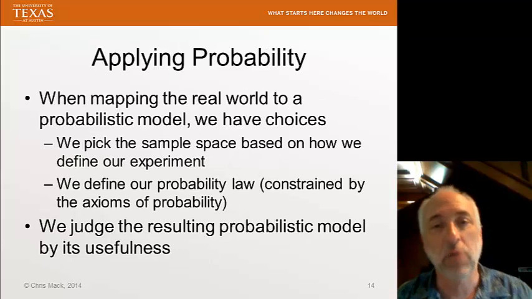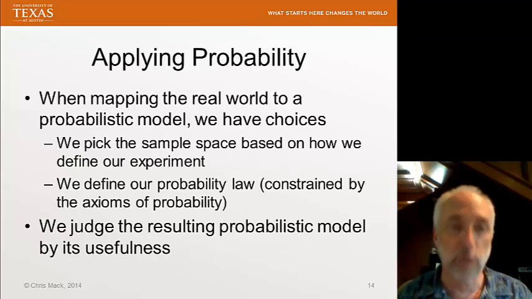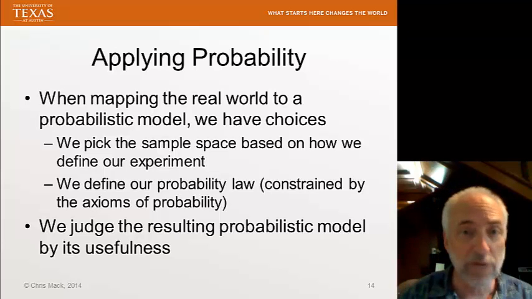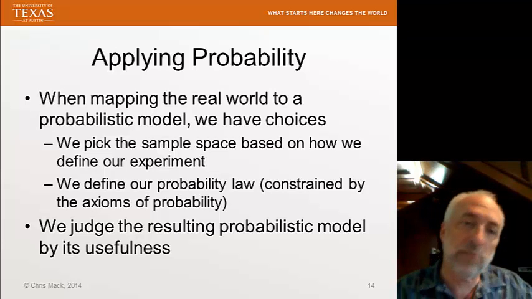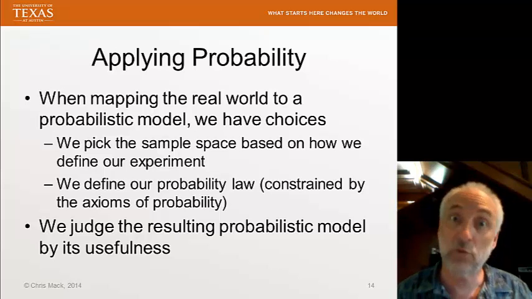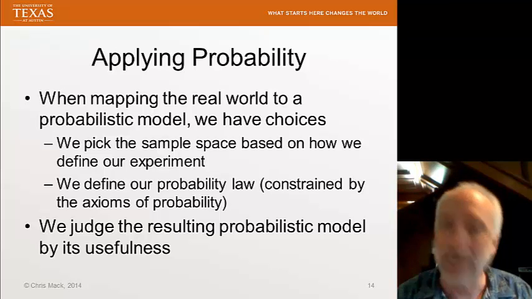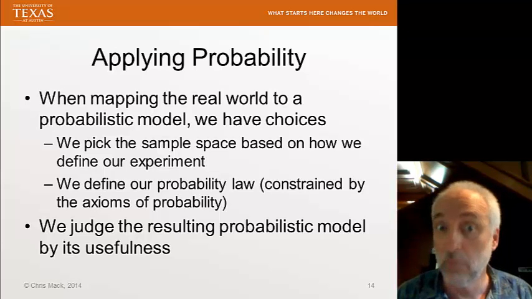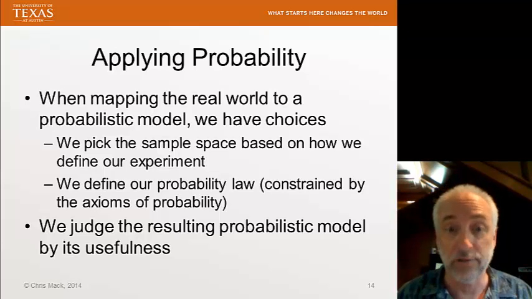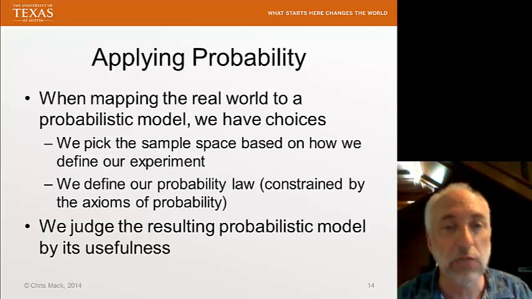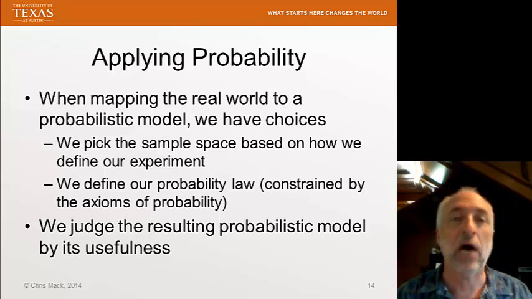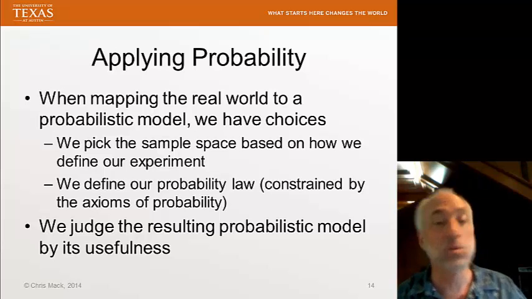Now, how can we apply probability to a real problem? Whenever we map the real world to a probabilistic model, we have choices to make. Sometimes the choices are fairly obvious and sometimes they're not, but they are choices nonetheless. There's nothing about probability law that dictates how we must map the world to a model.